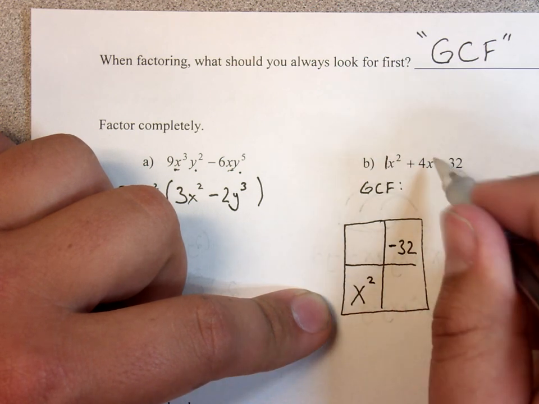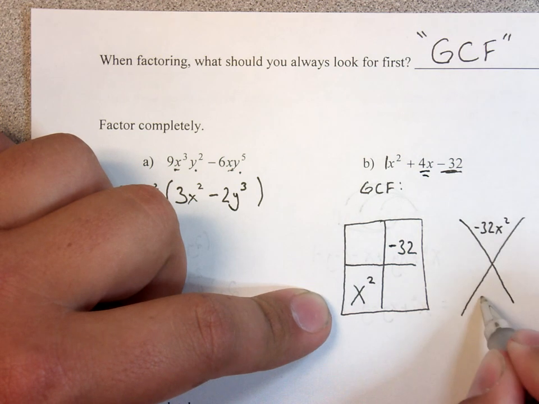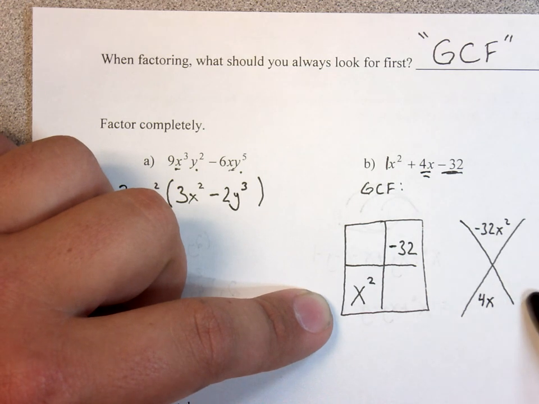And I'm going to take my b term, or my middle term, and put that in the sum of my diamond problem. So now I need two numbers that multiply to negative 32x squared but add to 4x.